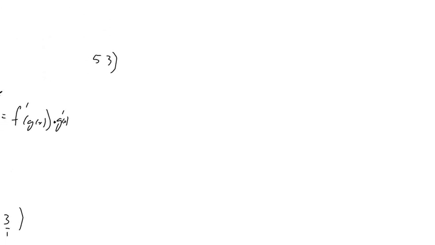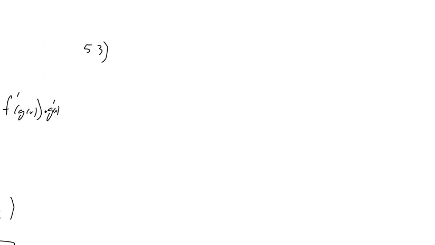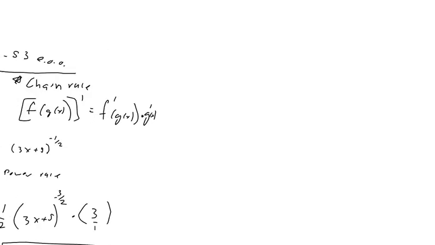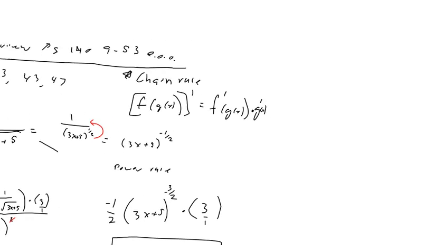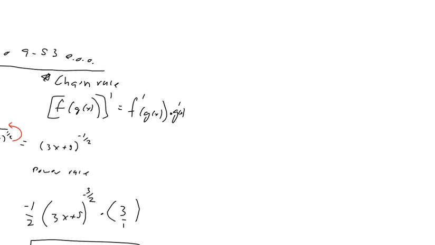53. Let's try this one. Oh, wait. Not 53. First, let's go in order. We wanted 43. So 43 says cotangent over sine. Okay.